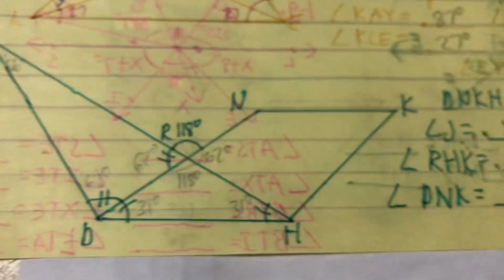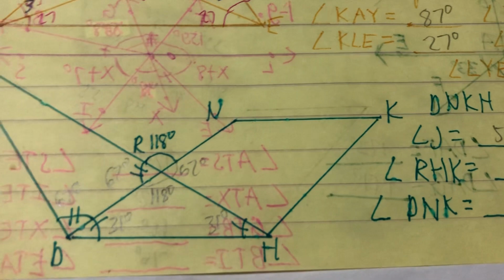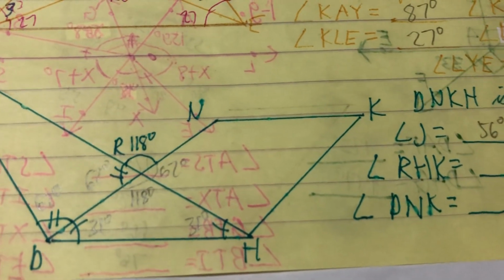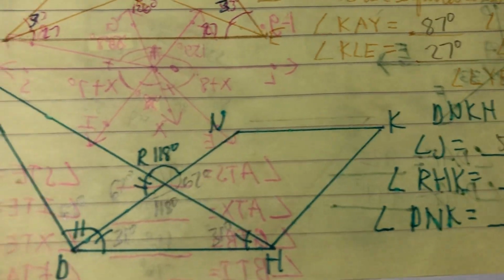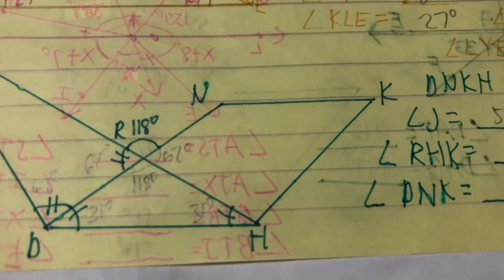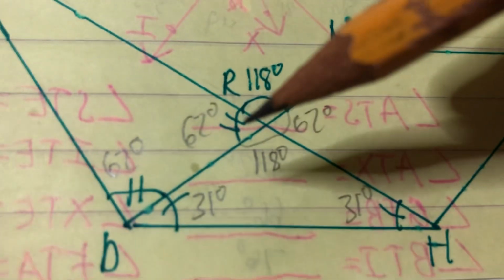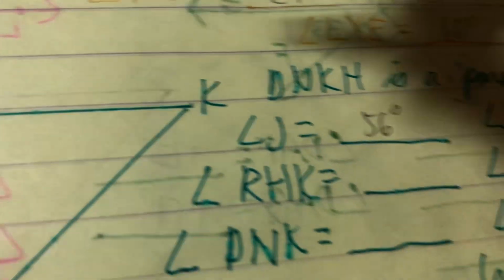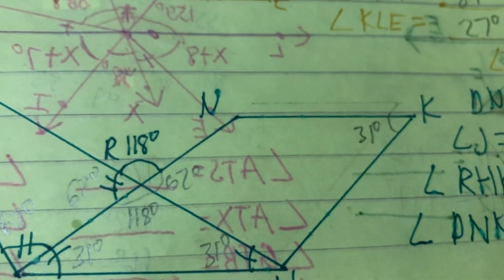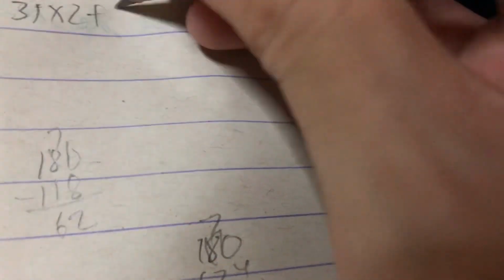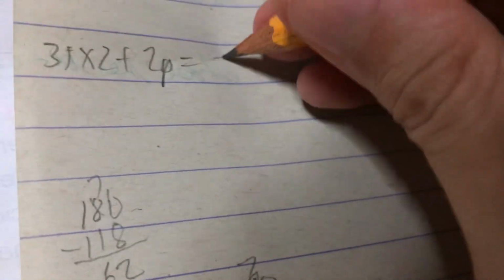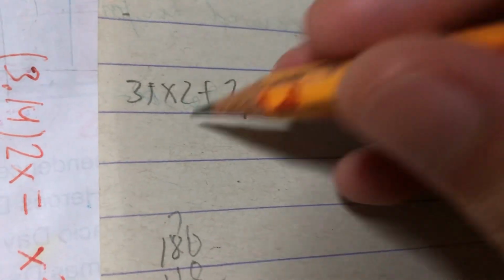Okay? Now that you've already gotten the measure here, we can get the measure of the parallelogram, because it says that DNKH is a parallelogram. We know that in a parallelogram, opposite angles are equal. So if this is 31 degrees, it's safe to conclude that angle K must also measure 31 degrees. Then we apply the formula for a parallelogram: 31 times 2 plus 2p equals 360, since a parallelogram has 360 degrees.